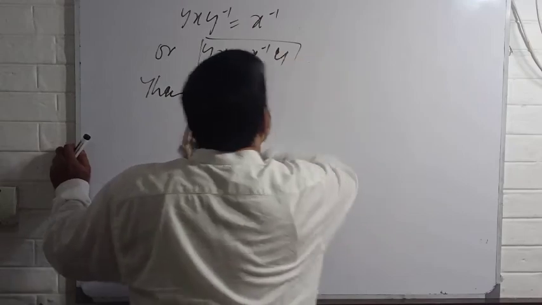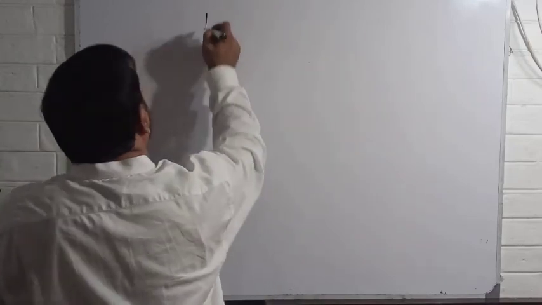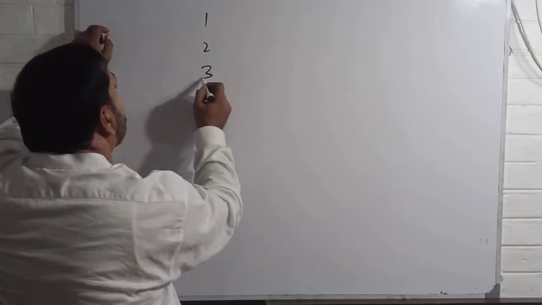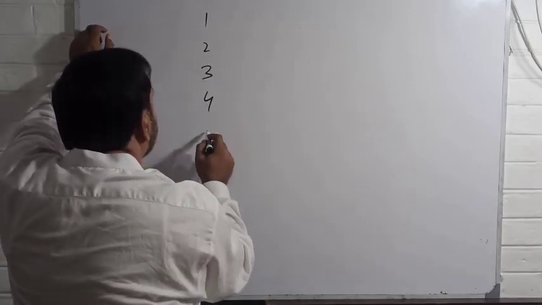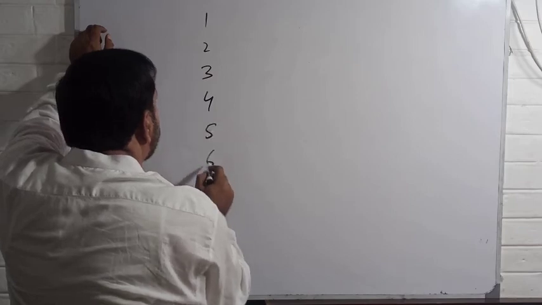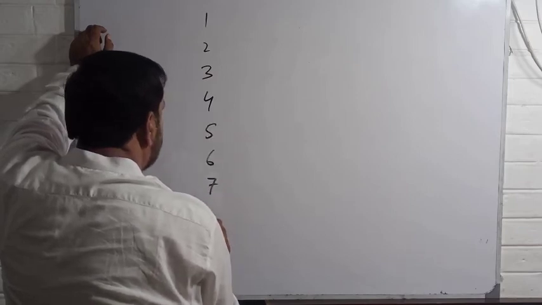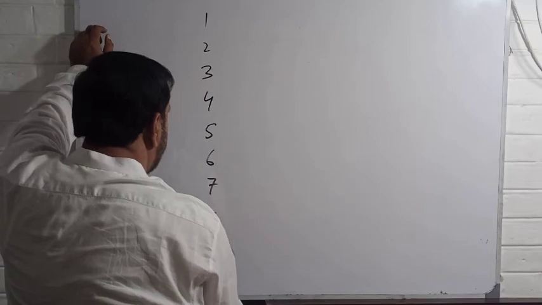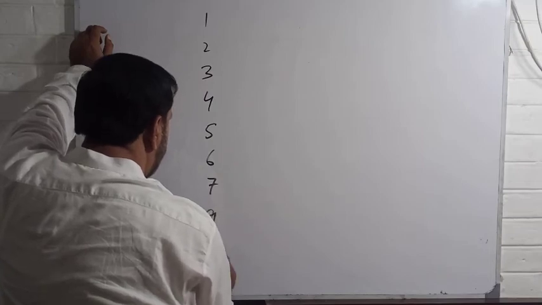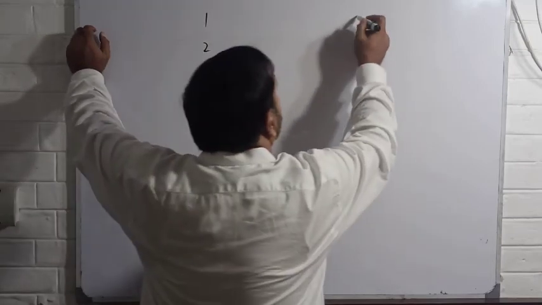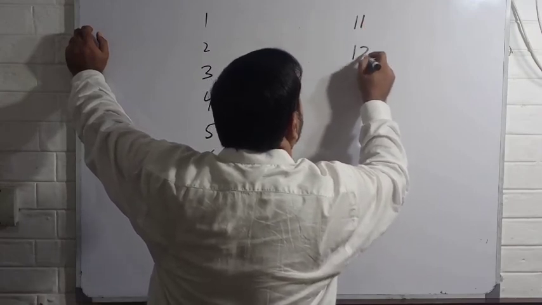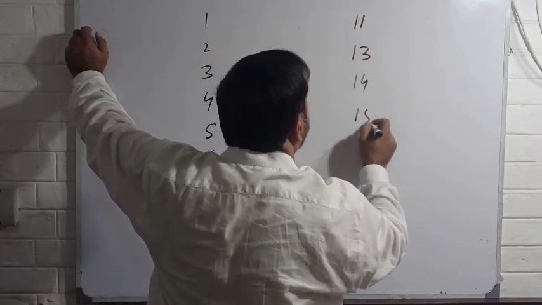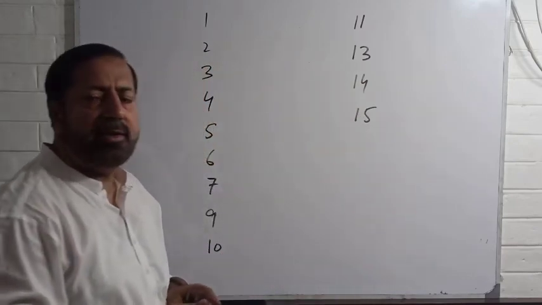If I summarize the idea, you see that 1, 2, 3 and 4, 5, 6, 7, 9, 10, 11 and then 13, 14, 15. Now I have discussed these groups.